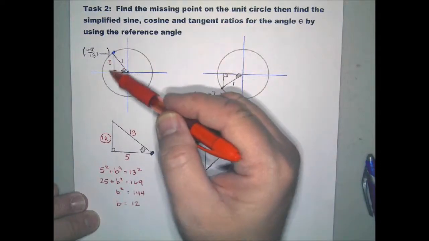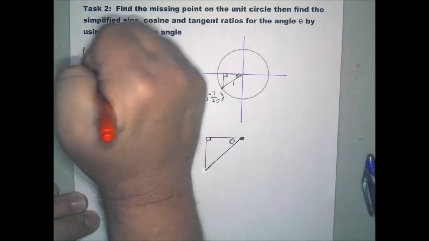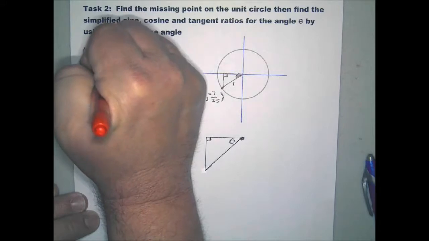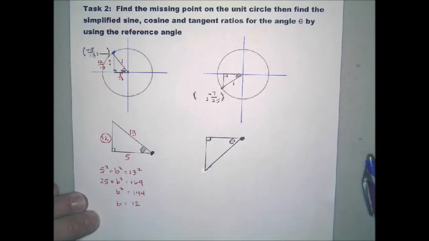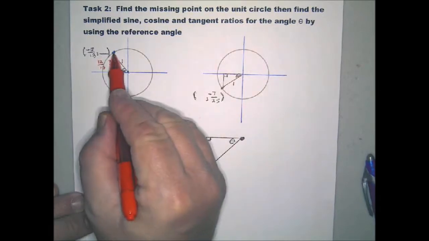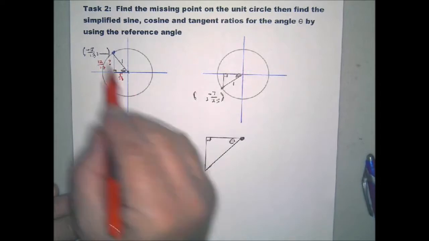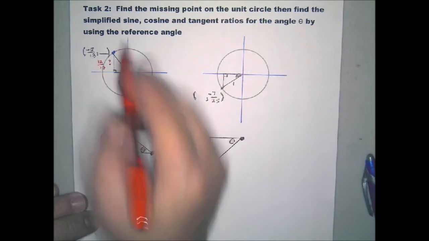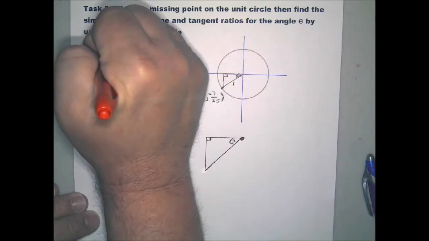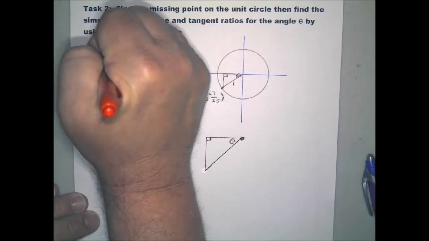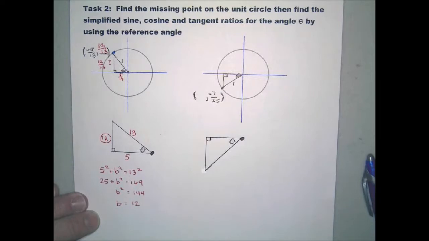But the one that we didn't know is now 12/13. And that's my y-coordinate of that point. In order to get to this point, you go left 5 over 13, that's why it's negative, but you go up 12 over 13, and that's positive.